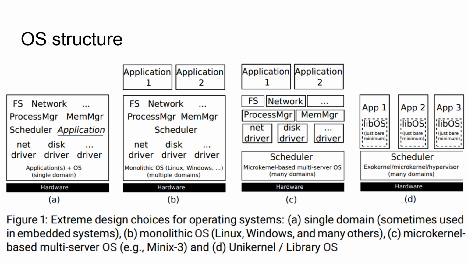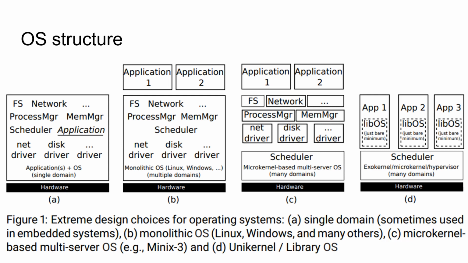So underneath the application layer, we see that the operating system itself is still a monolithic blob. So it contains everything: the file system, the device drivers, the network stack, the process manager, memory manager, scheduler. It's all a single blob of code. And it means that if there's a bug in any of these components and it causes that component to crash, it will crash the entire system.